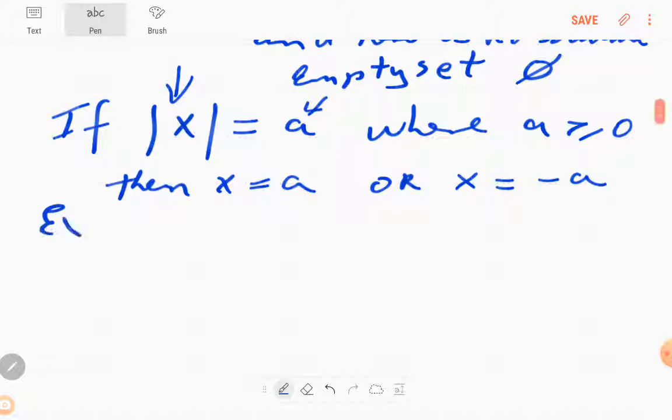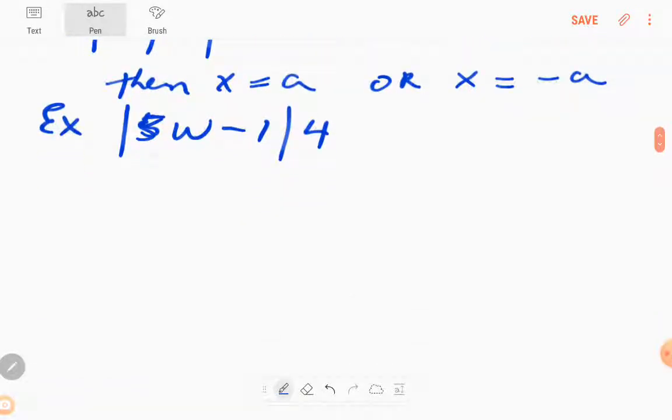Okay, so let's look at an example. For example, absolute value of 5w minus 1 equal to 4.